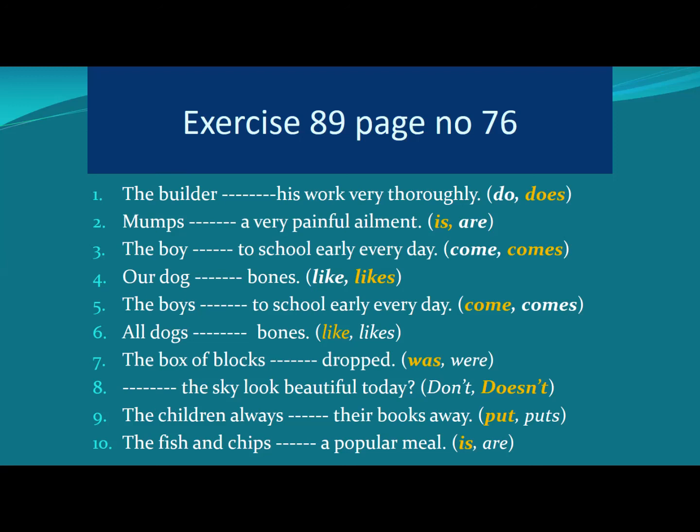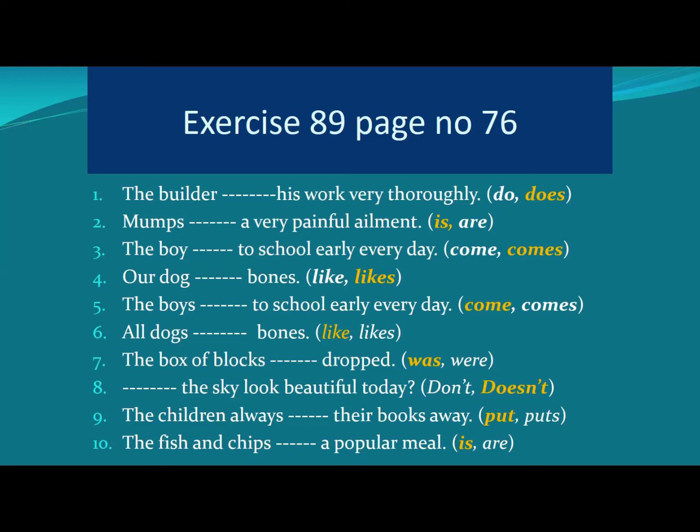Number 2: mumps is a very painful ailment. Like we did in the examples, when we said measles is an infectious disease, so here also mumps, though it is in plural number, we are talking about one disease.